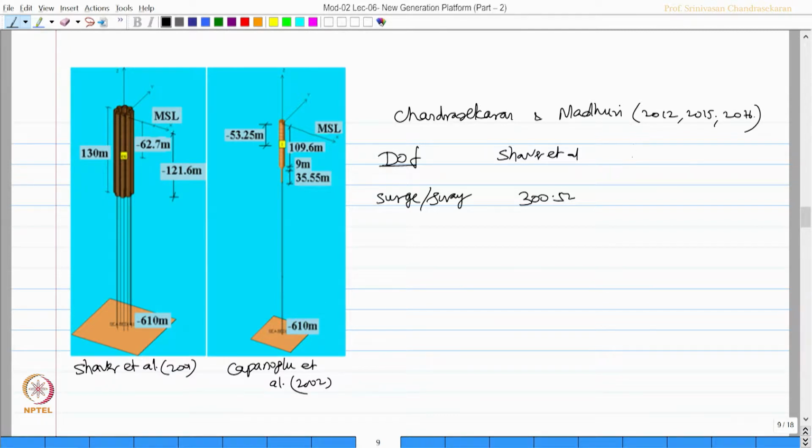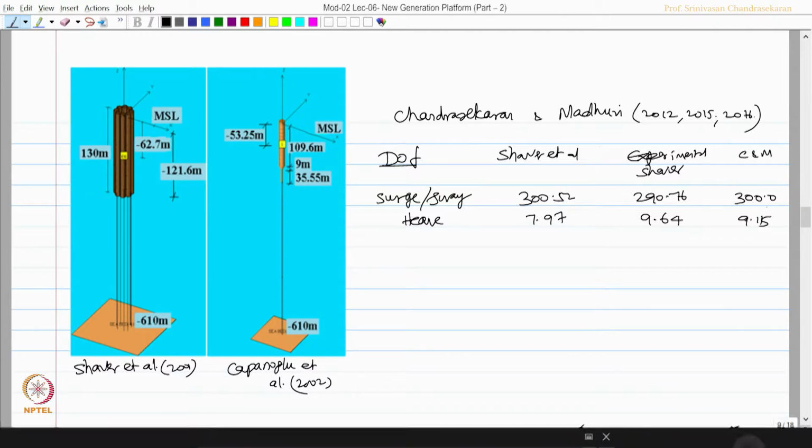Shaver et al. also did an experimental study that showed 290.76 seconds, and Chandrasekharan and Madhuri showed results which came to be 300.0 seconds. In heave degree of freedom, this value was 7.97, this value was 9.64 and this came to 9.15.